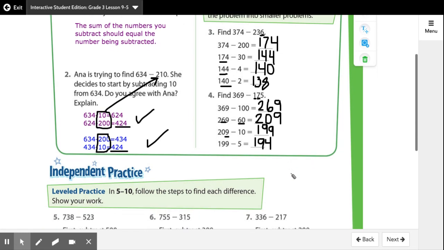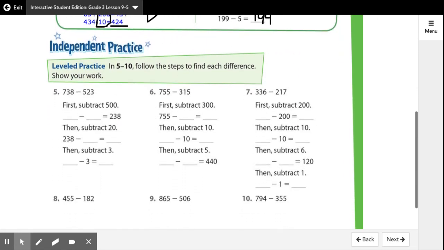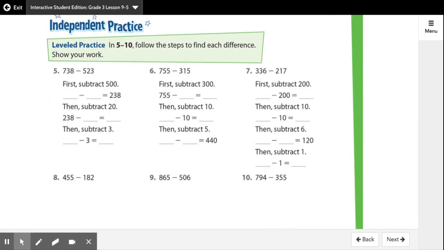So for your independent practice here, they're breaking these up for you by steps, right? So it's saying first subtract 500. So what they want you to do is 738 minus 500, they're telling you. Okay, and that's going to be 238.